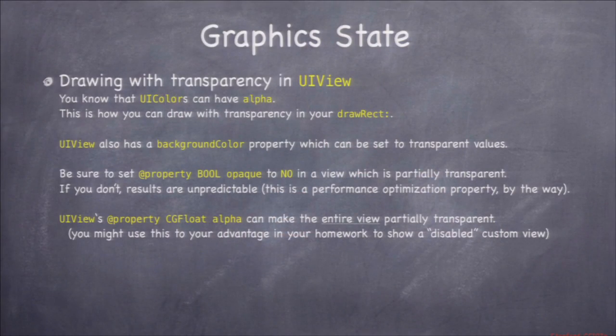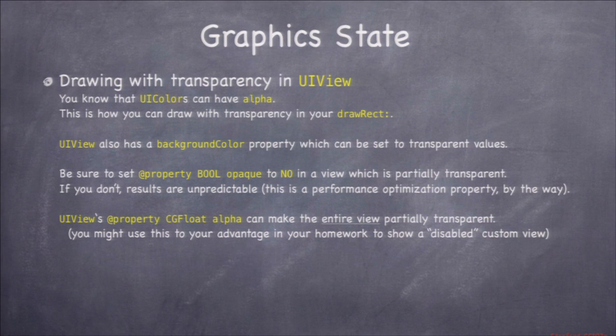This opaque isn't a performance optimization, but it's a hard optimization, meaning it just won't work if you don't set it to the right thing. So if you want your view to be transparent, you have to set opaque to no. You're also going to want to set your background color to nil so that it's not filling with a background color. It is also possible to make your entire view transparent with alpha. Okay? So UI view has a property called alpha.